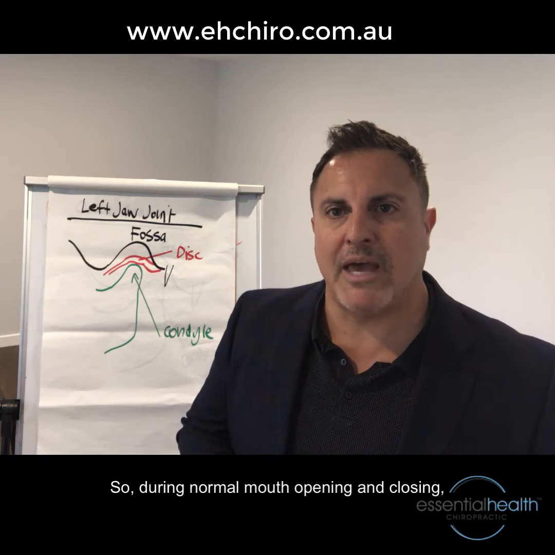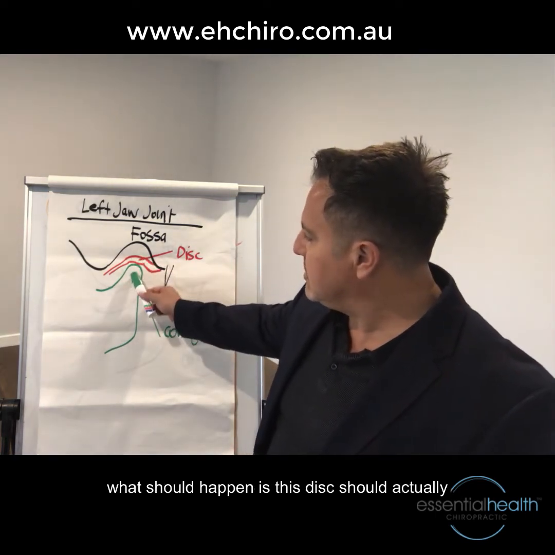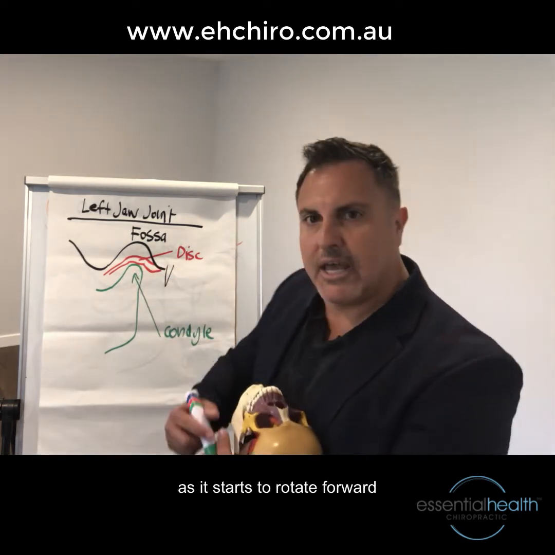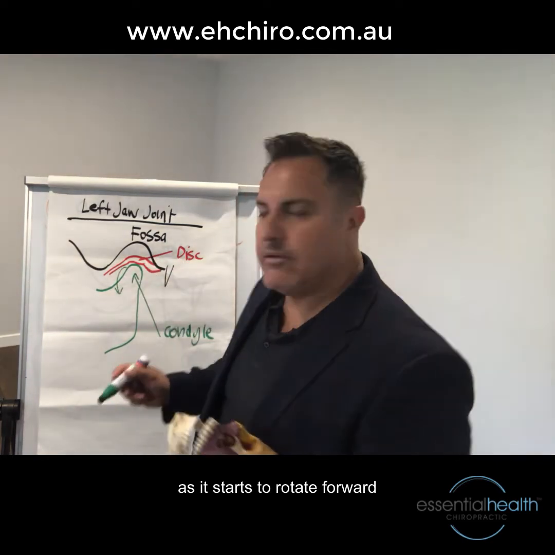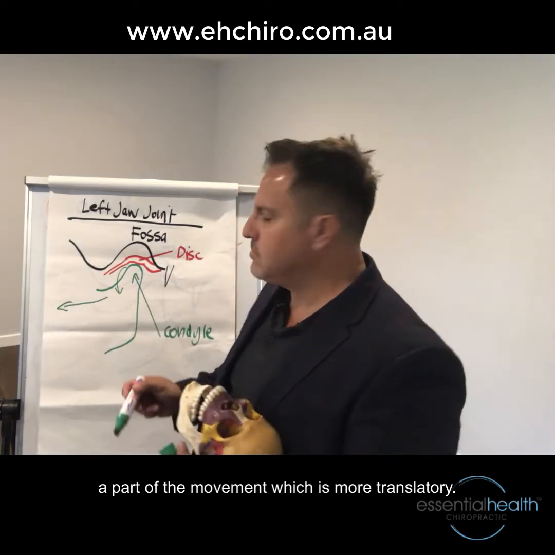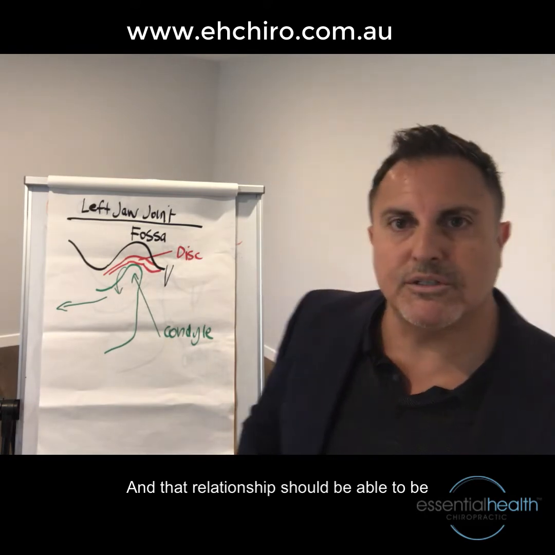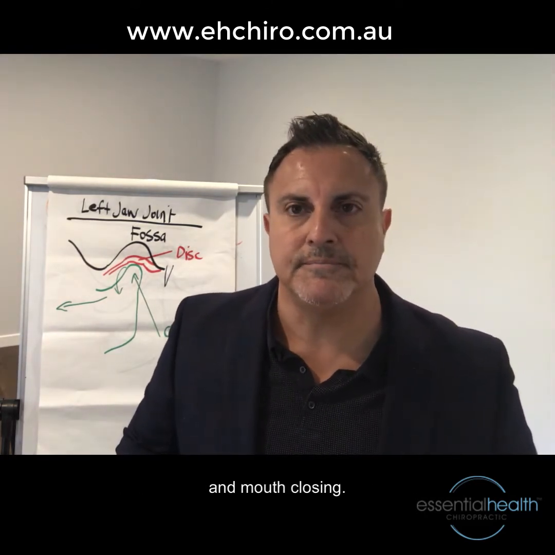During normal opening and closing, this disc should be in close proximity to the condyle as it rotates forward for the first 25 mils, and then you'll see a part of the movement which is more translatory. That relationship should be maintained during complete mouth opening and mouth closing.